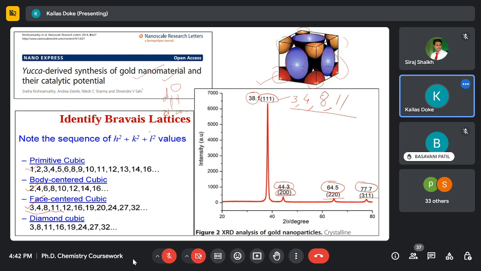They determined the crystal size and strain of magnesium oxide nanoparticles by using the Williamson-Hall method. And they got some answers, so that we can also analyze. We can determine the crystalline size. We can determine other parameters with the help of our basic chemistry, physics, or mathematical knowledge.